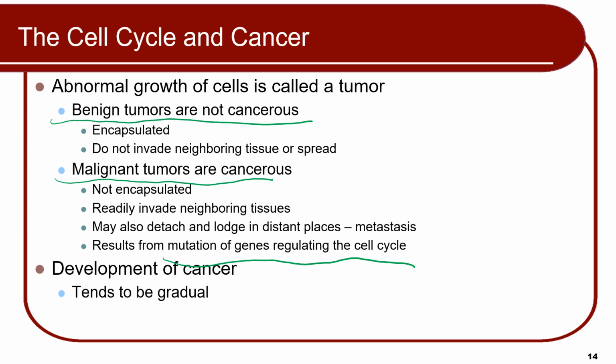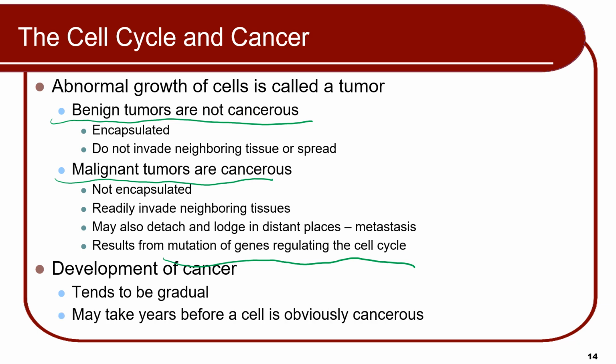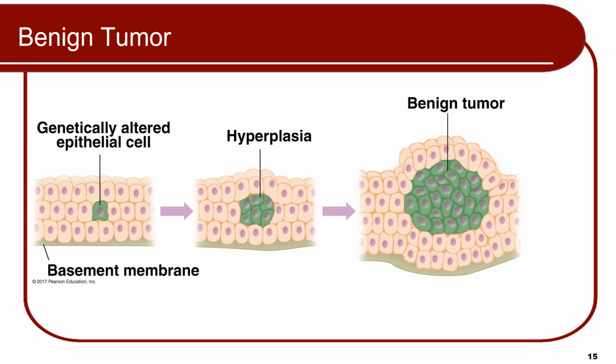Usually that occurs slowly, and usually there's more than one kind of thing going wrong that has to be happening at the same time to actually get a full-blown tumor. So this would be an example of a benign tumor. A benign tumor does not spread.